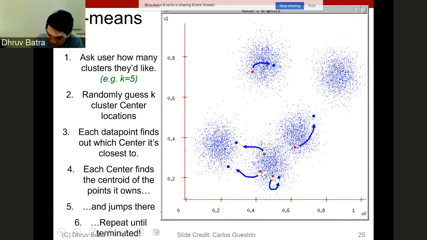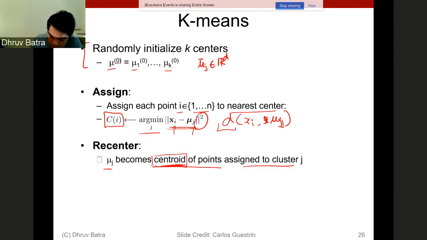I just repeat this process till convergence, if you will. And there is actual convergence in k-means in a very specific sense. You can prove this if you write down the objective as well. If you change these distances to some d, it won't be a centroid problem. It will be medoid or some other minimization of an objective, which is a function of the distance.